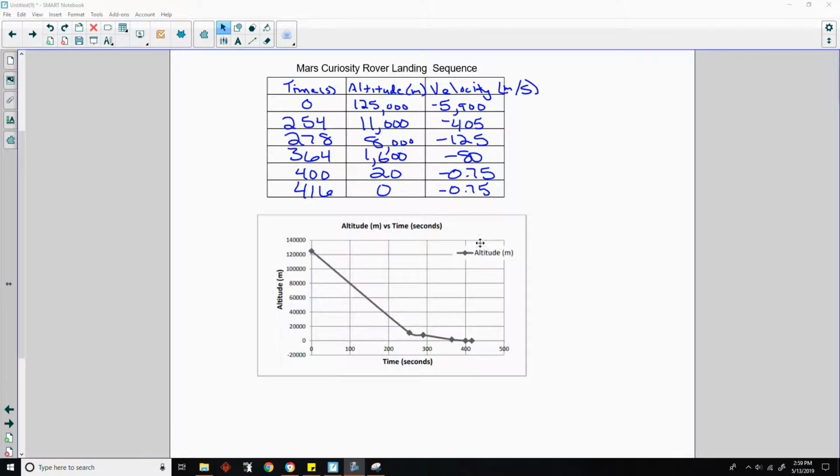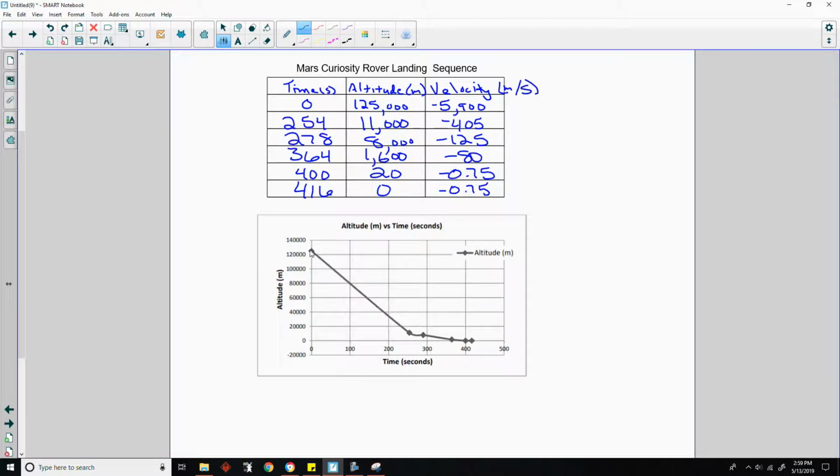Okay, so if we were to graph this, make sure your graph has a heading, altitude in meters versus time in seconds. The x-axis would be our time in seconds, and altitude in meters is our y, or our dependent variable. So the altitude depends on how much time has elapsed. Altitude in meters is depicted by this gray line.